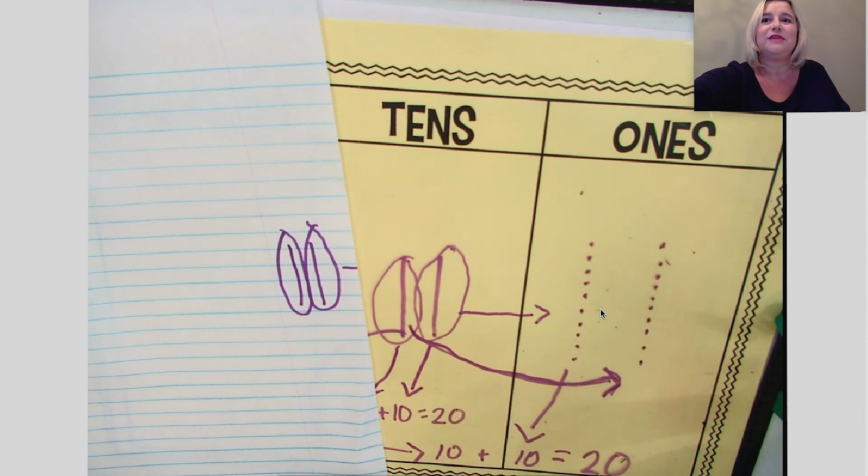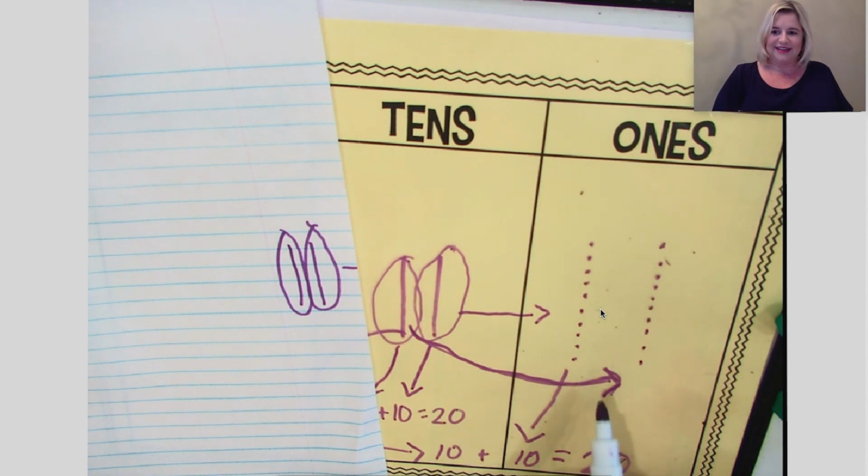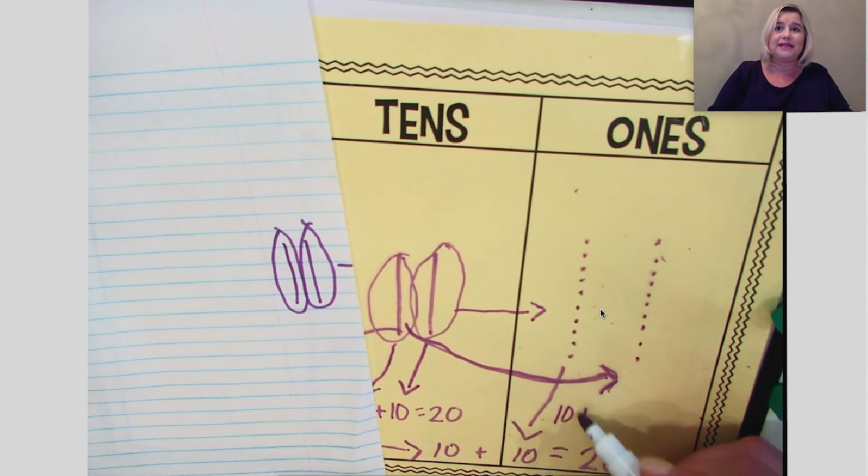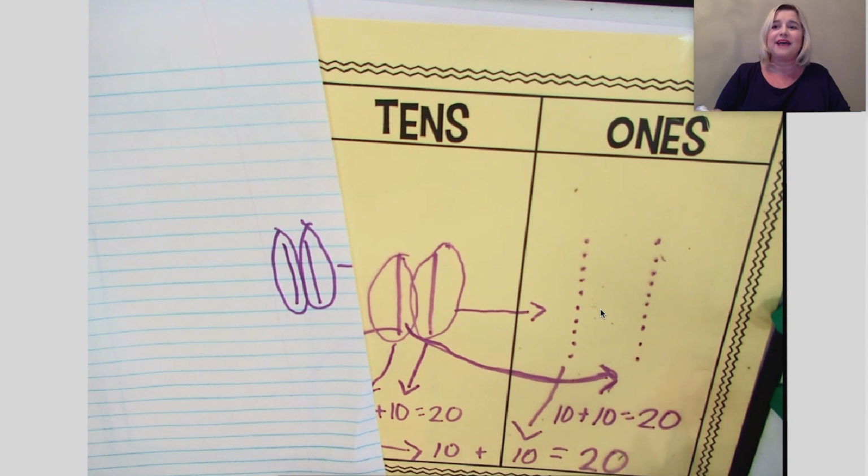Okay, so let's compare our models. Do you have 20s? Way to go! Now write an equation that matches your model besides the place value chart. I again will write 10 plus 10 equals 20 because I have two groups of 10 ones.